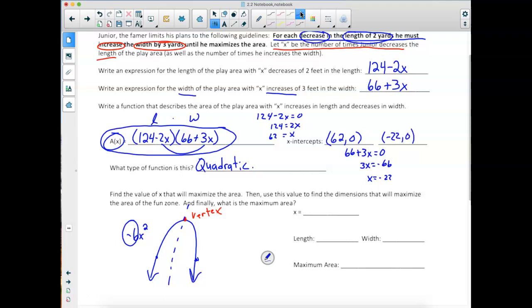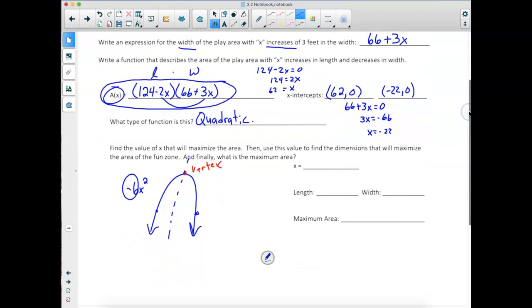Boom. Now, how did we find that highest point right there? It's on the axis of symmetry. What does the axis of symmetry always run through? My x value. This x value is always going to be your axis of symmetry. So how do we find that?